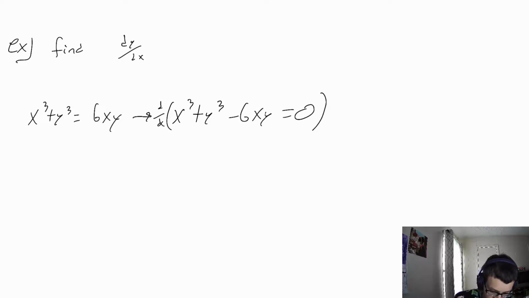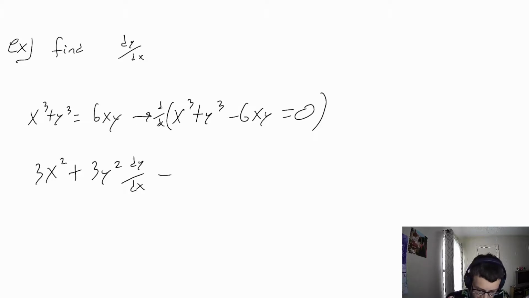Going term by term, the first term, we get just 3x squared. We apply our standard rules. The next term, the derivative of y cubed with respect to x, we're going to get 3y squared times dy/dx, minus, and let's talk about the derivative of 6xy. So the left-hand thing is 6x, the right-hand thing is y, the derivative of the left-hand thing is 6, the derivative of the right-hand thing is dy/dx.